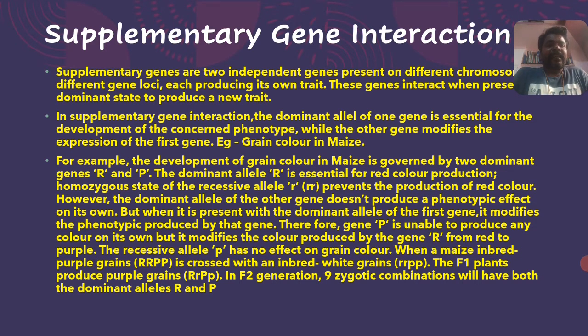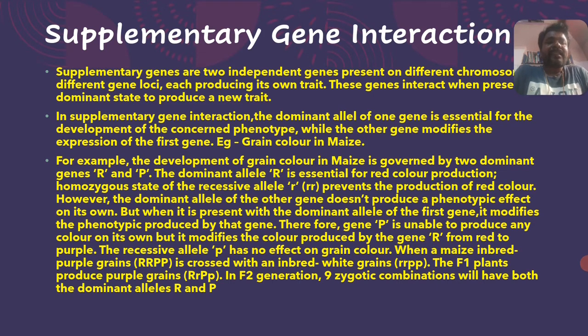Therefore, capital P is unable to produce any color on its own, but it modifies the color produced by capital R from red to purple. The recessive allele small p has no effect on grain color.